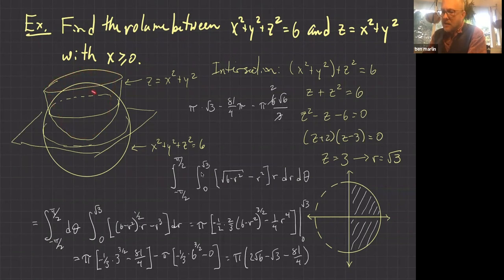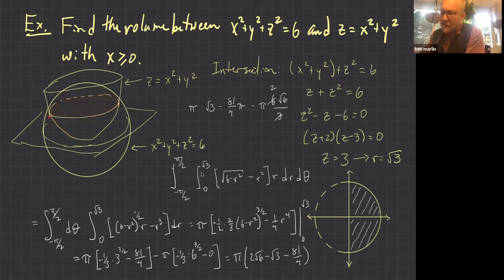So we've got our sphere there, and we have this paraboloid here, and we can visualize that when the paraboloid hits the sphere here, it's got to be doing that kind of in a circle.